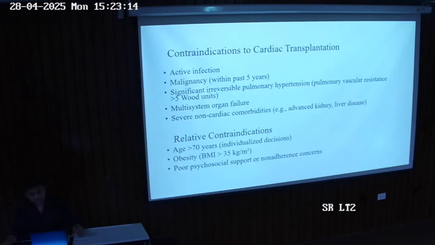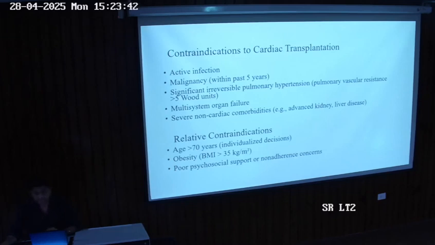Contraindications to cardiac transplantation include active infection at the time of admission, malignancy within the first 5 years, significant irreversible pulmonary hypertension, multi-system organ failure like sepsis, and severe non-cardiac comorbidities like chronic kidney disease or CLD.